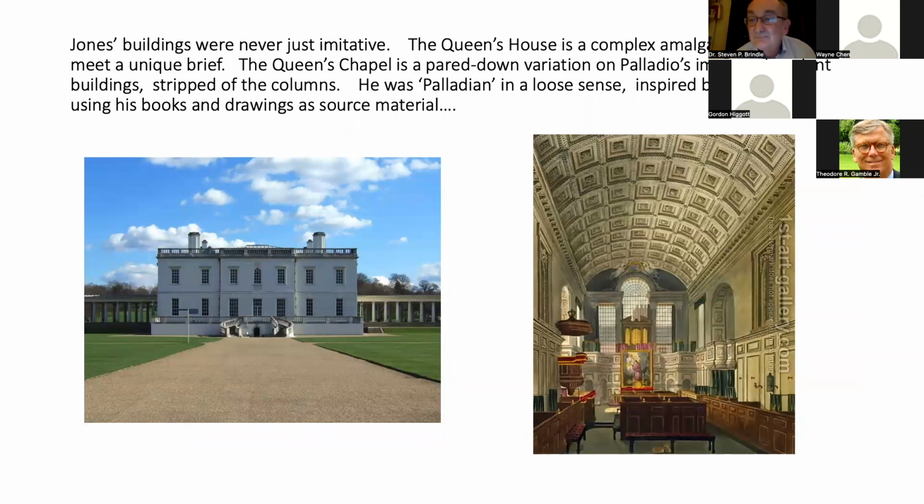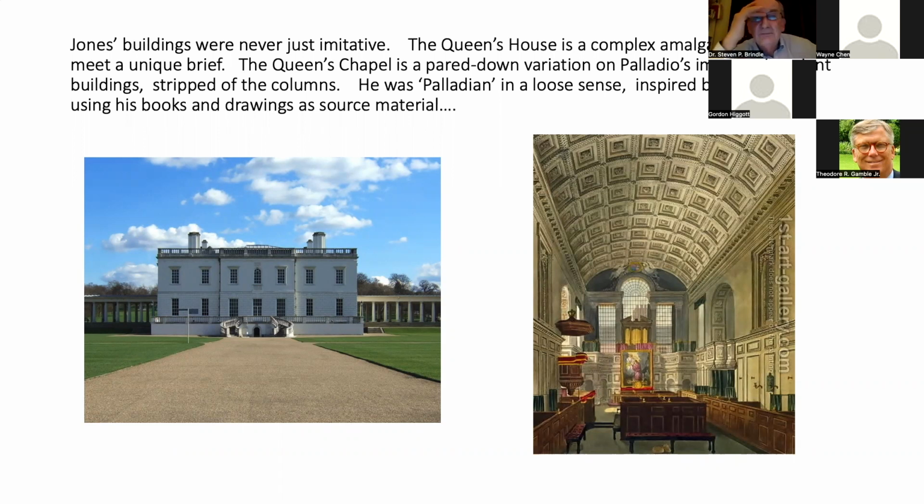And this is very apparent when you look at Jones's surviving buildings. His first building, the Queen's House at Greenwich, isn't really like anything built by Palladio or Scamozzi, but it is in a general way Palladian in its approach to proportions and its use of the classical language.